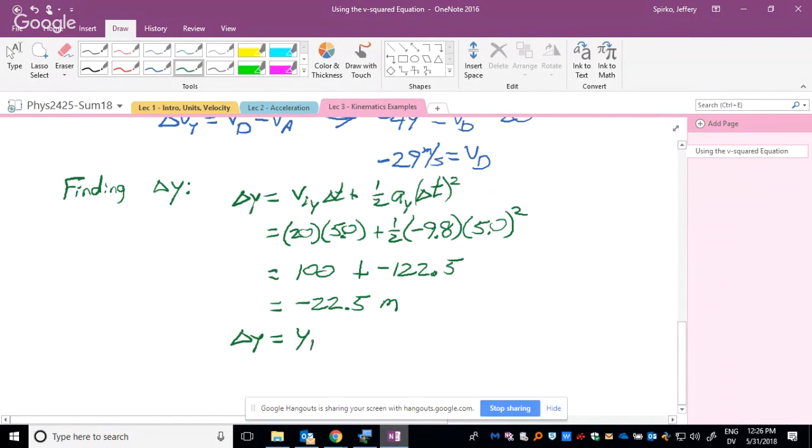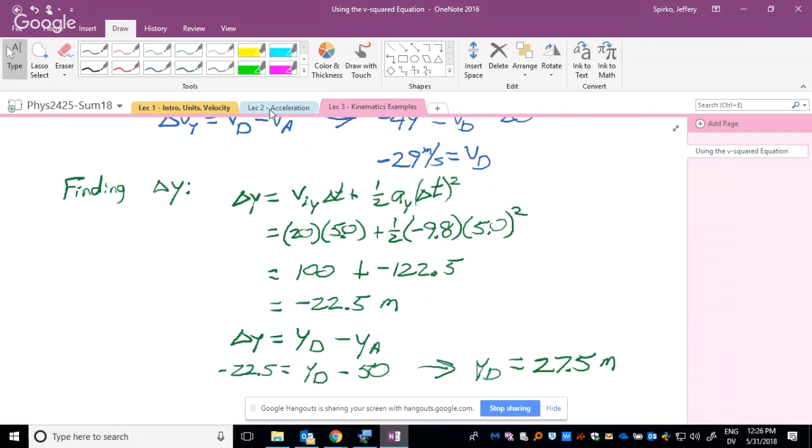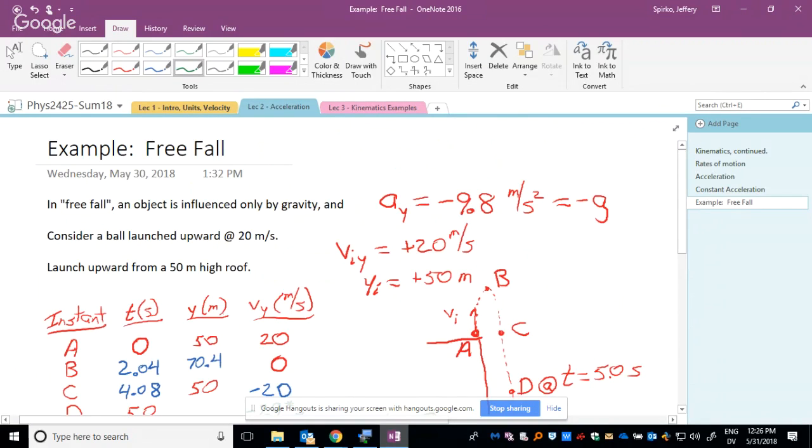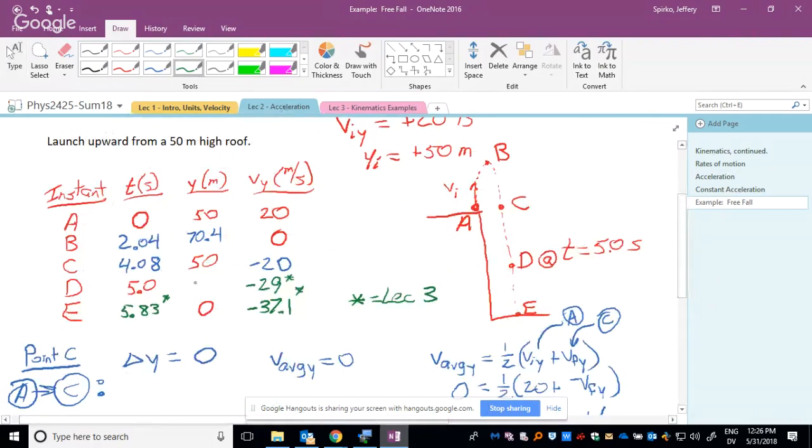So this is y at point D minus y at point A. Negative 22.5 is equal to y at D, which is what we don't know. Y at A was 50. So y at D is equal to 27.5 meters. And then we fill in that last thing in the table, 27.5.